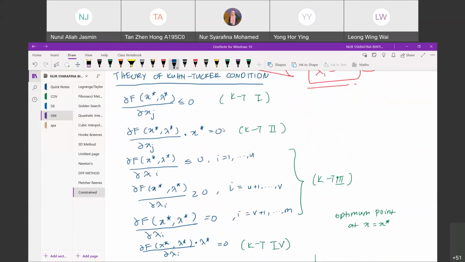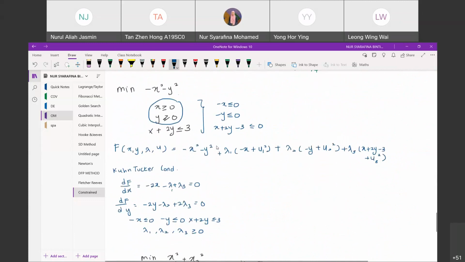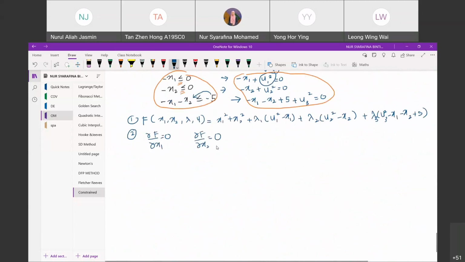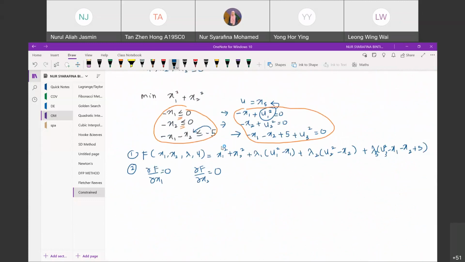So we have del F del X1 is 2x1 minus lambda 1 minus lambda 3 equals to 0, differentiating F with respect to X1. Another one is 2x2 minus lambda 2 minus lambda 3 equals to 0.